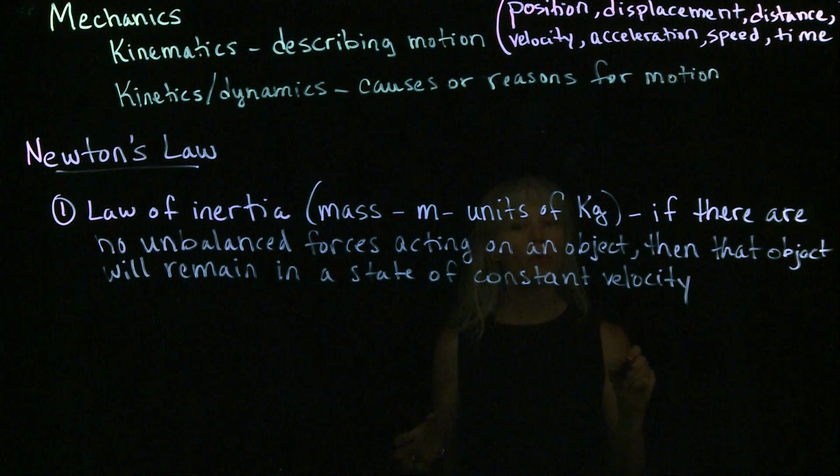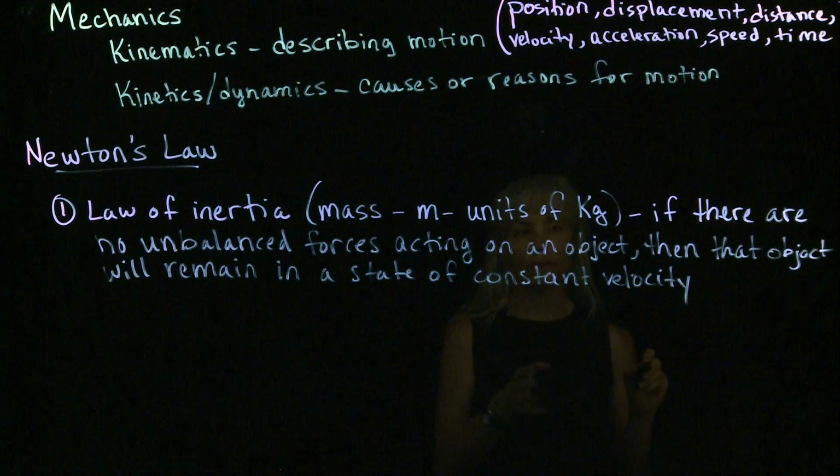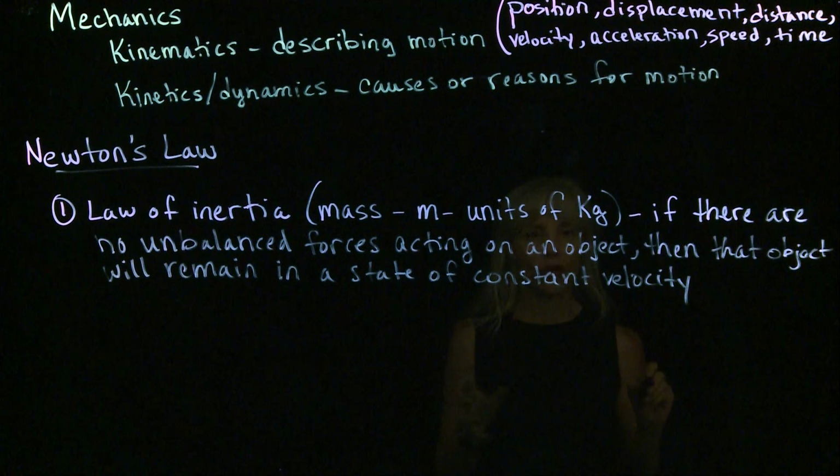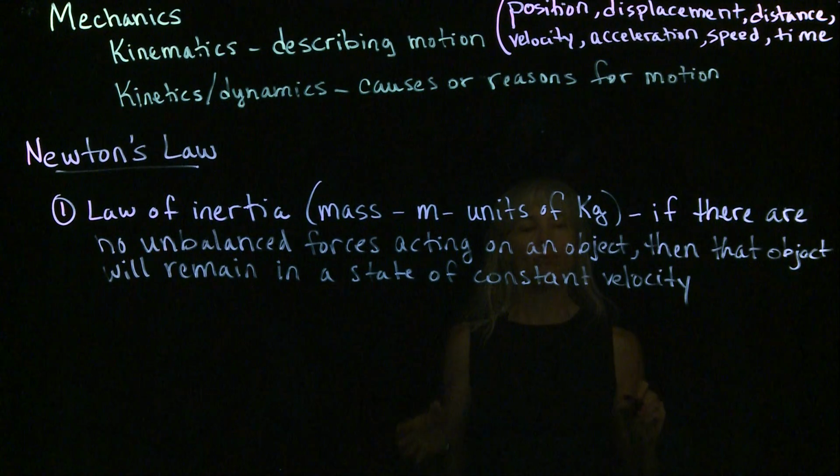Okay, so now remember that constant velocity means uniform speed in a constant direction. So recall that velocity is a vector quantity, meaning that it has both a magnitude and a direction.